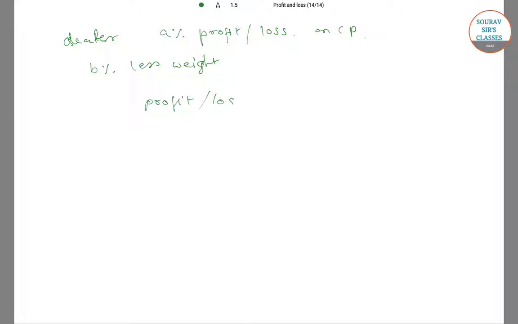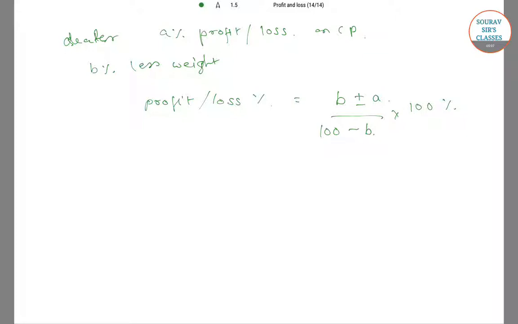The next formula states that if a dealer sells his goods at A% profit or loss on cost price and uses B% less weight, then his profit or loss percentage is given by the formula (B plus or minus A, depending upon whether he is selling at profit or loss on cost price), divided by (100 minus B), into 100%.